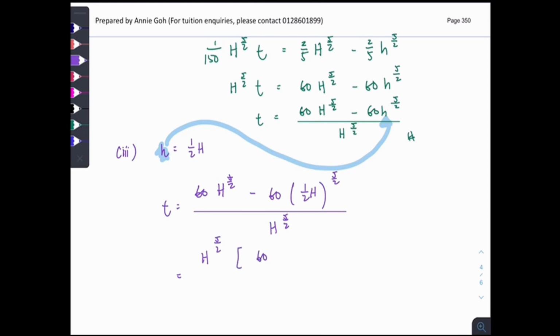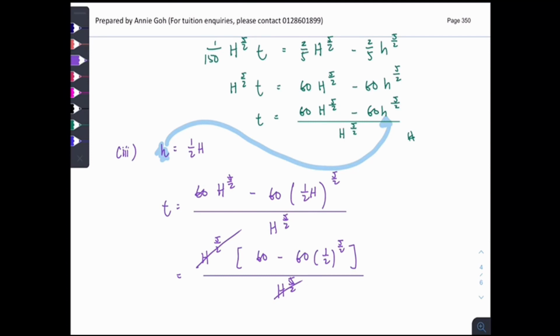So you'll be left with 60 minus 60 times half power 5 over 2, over H power 5 over 2. And these two terms can be cancelled. And then you just need to press your calculator: 60 minus 60 times half power 5 over 2.